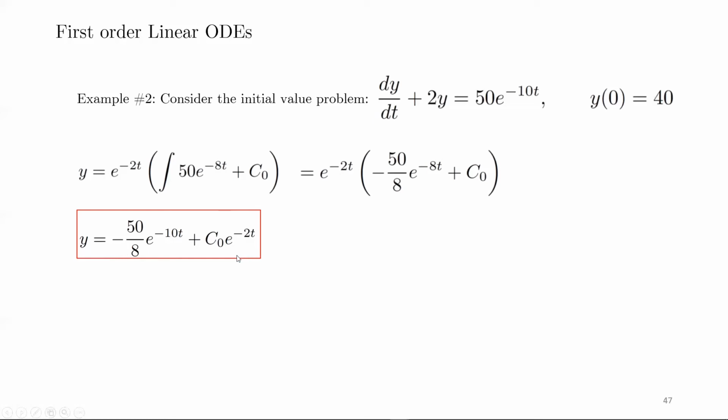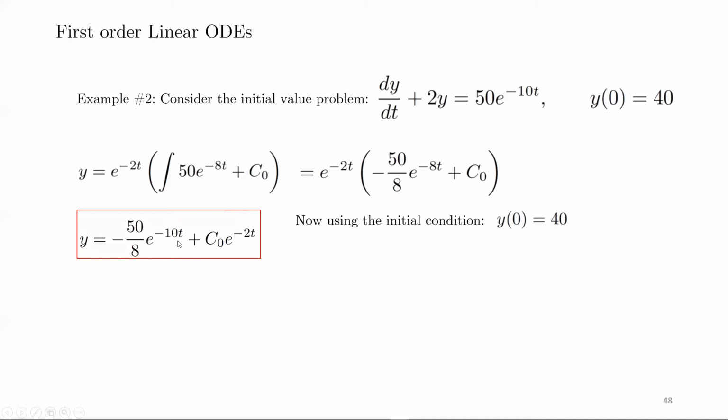So this is the general solution to the ODE, but of course we were given an initial value problem. We were given an initial condition. So we can find this integration constant by using this initial condition. So when x equals 0, y equals 40. Or sorry, I should say when t equals 0, y equals 40.